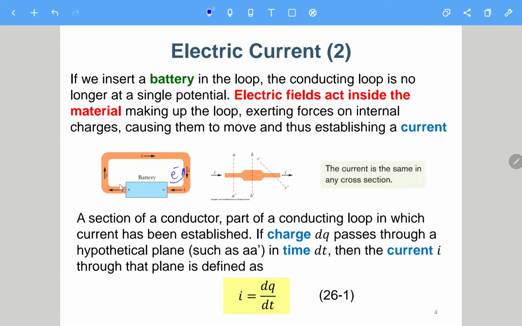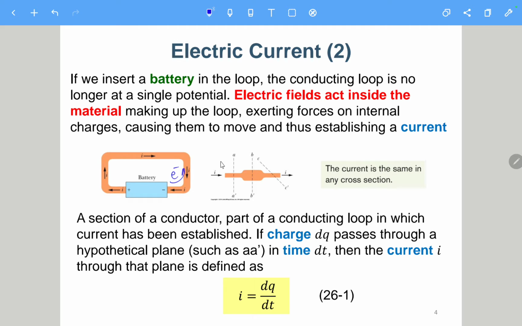So this is the direction of the current, from the positive terminal to the negative terminal, and practically the moving charges should be electrons rather than positive ions. So actually what is really moving is the electron. So the direction of the electron should be the other way around from the current.